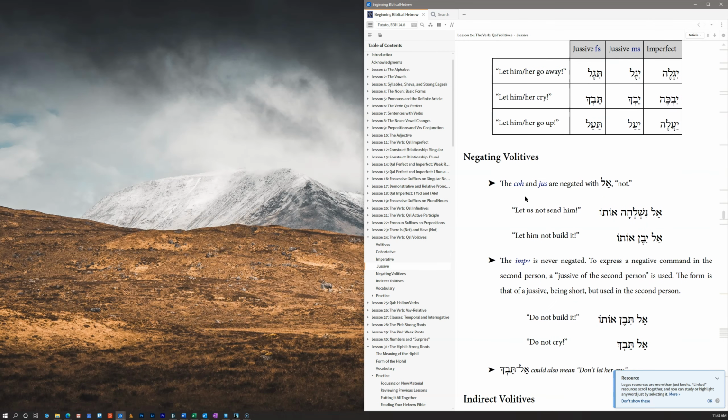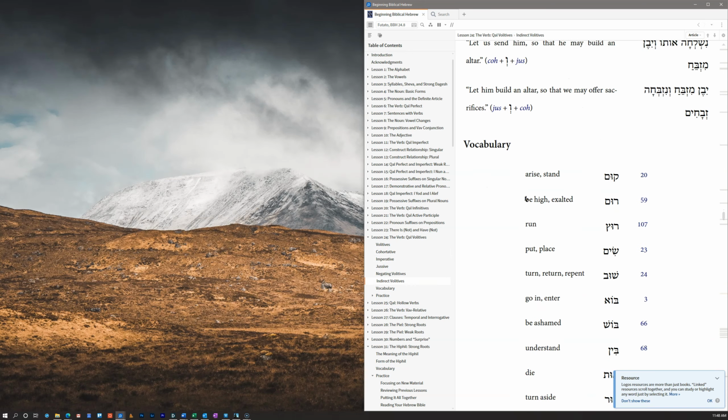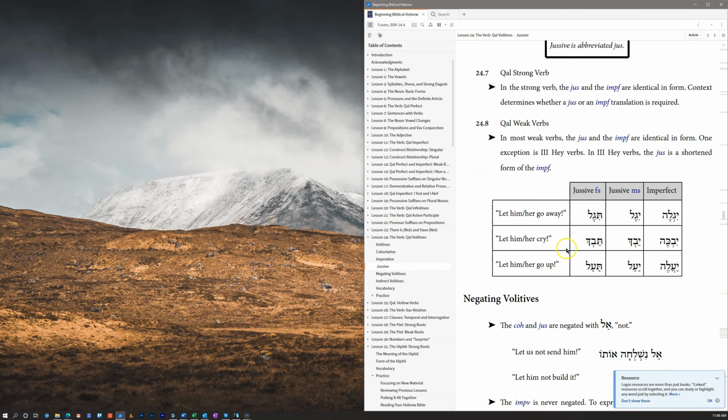I guess he's only dealing with galah, bakah, and alah. So let's deal with bakah, cry. Okay, so yivkeh over here would be he will cry, because this is a masculine form.